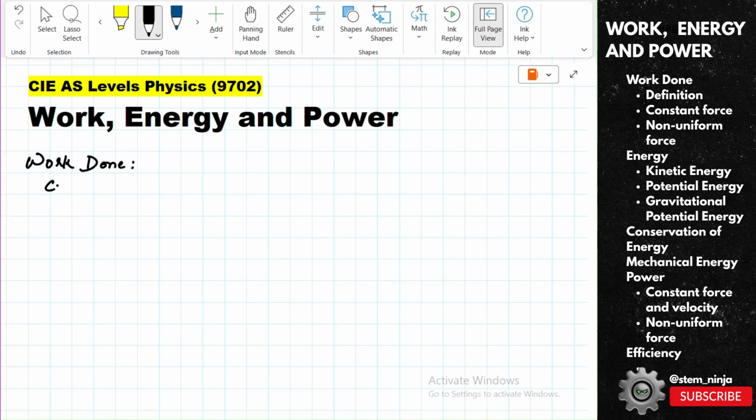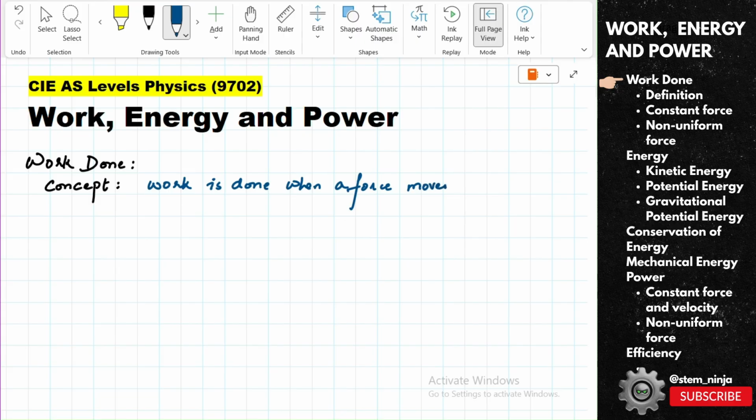The concept is easy to understand. Work is done when a force moves its point of application in the direction in which the force acts.